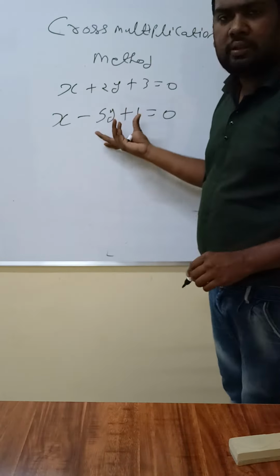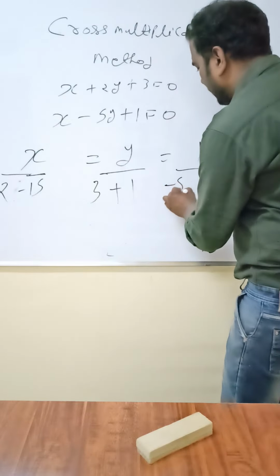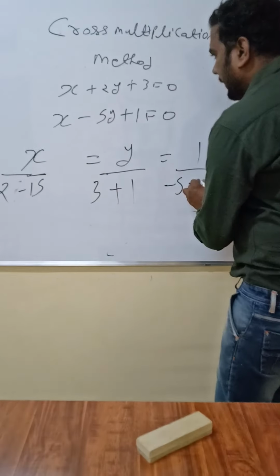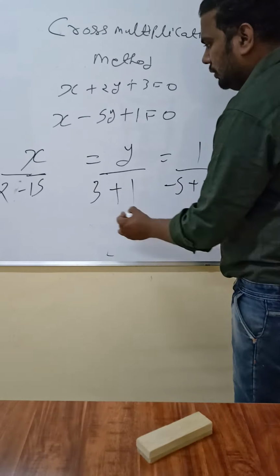We eliminate y. The coefficient of x shifted into this side. The 1 into 3, plus 1. We skip this constant, 5 into 1. Minus 5 plus 2. So x equal to minus 13, y equal to 4, 1 equal to minus 3.